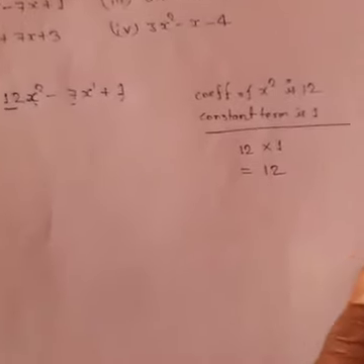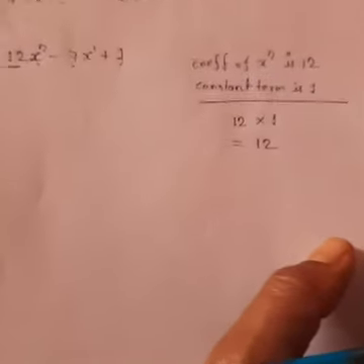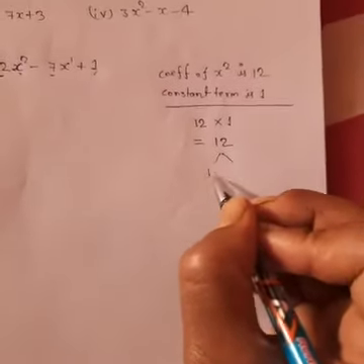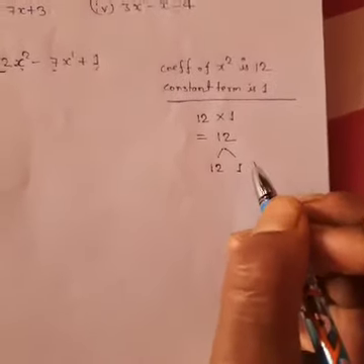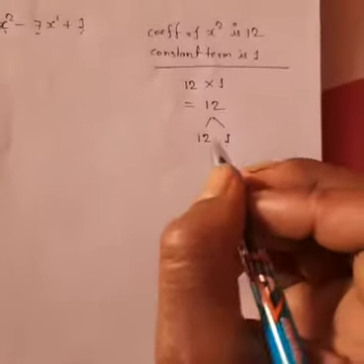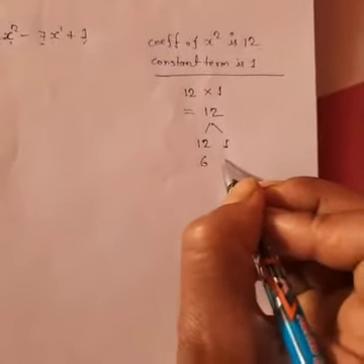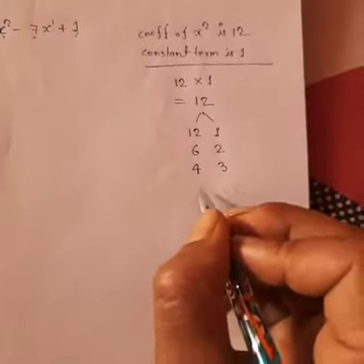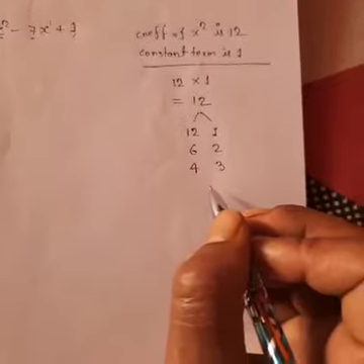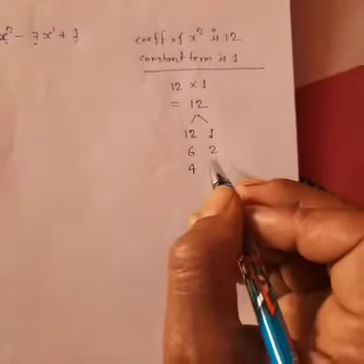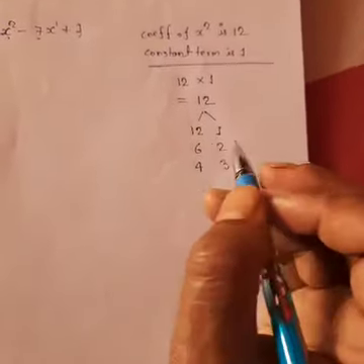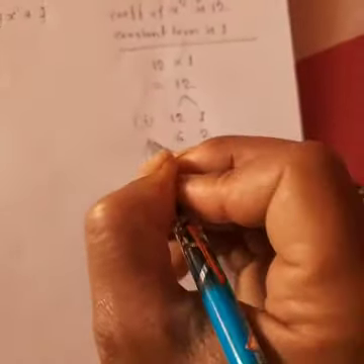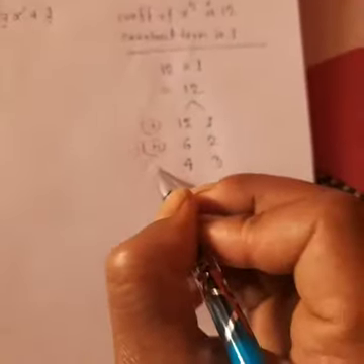Now we will factorize this 12 into two parts: 12 times 1, 6 times 2, 4 times 3 or 3 times 4, which is the same, and 2 times 6.